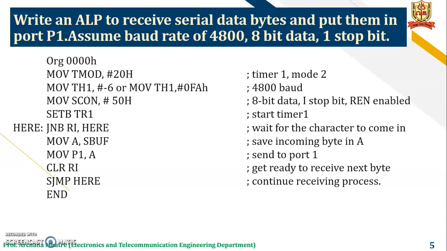In the next instruction, whatever value is in the SBUF register is transferred into the accumulator, and then in the next instruction, the accumulator value is transferred to port 1. Then clear the RI flag, and for receiving the next byte, again jump to the label HERE, which is on this instruction. Then end of the program.